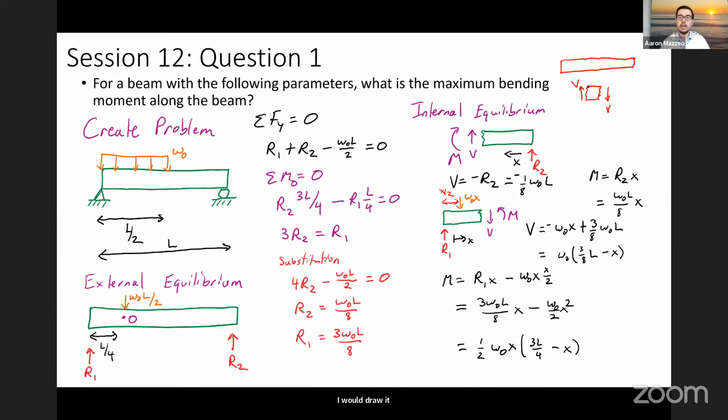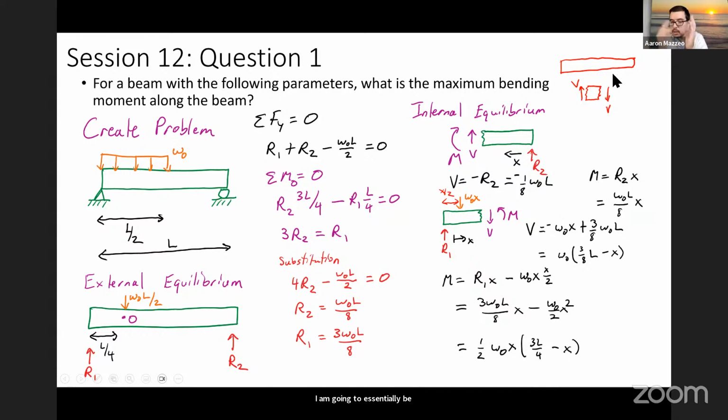Now, these forces are equal and opposite. Imagine now I move this chunk left or right along the beam. If I move it left or right along the beam, I am essentially replacing this V with this V, right?